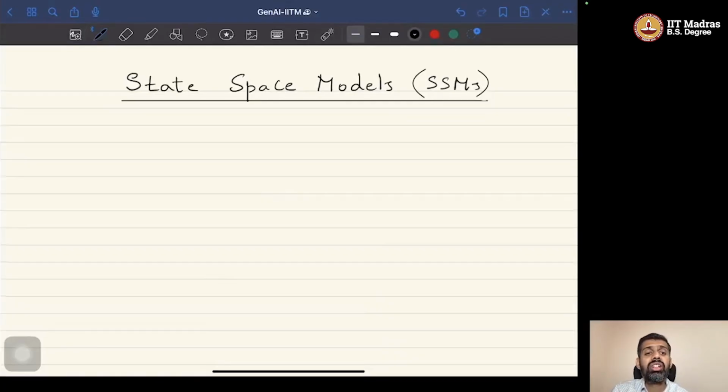Hello everyone. Welcome to this session on state space models, abbreviated as SSMs. A large amount of data that is processed is sequential in nature.